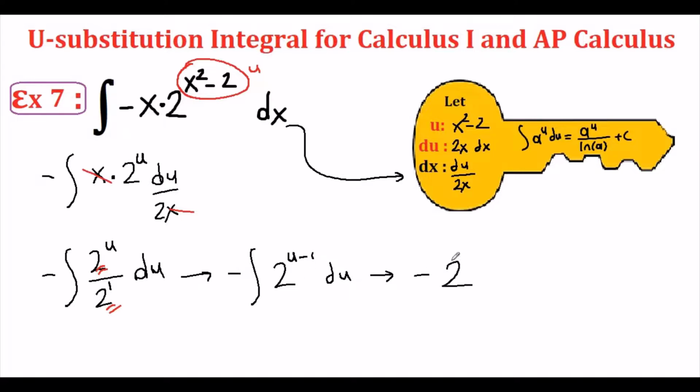So negative 2 to the, instead of u, we're going to use x squared minus 2, and we have minus 1 here, all over ln of a, in our case ln of 2 plus c. You don't need to derive this integral or prove it, just use it from here as a template. You can derive it in Calculus 2 or you can check the proof of it if you wonder. Here, this is one possible answer.